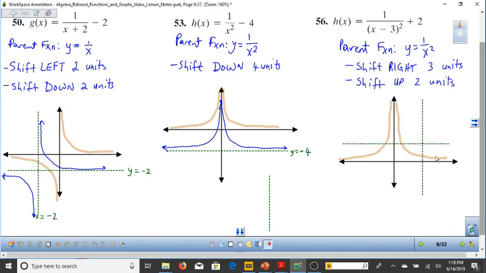Something like that. Now what that does is that means the graph is now going to be shifted over to the right 3 units and up 2 units.